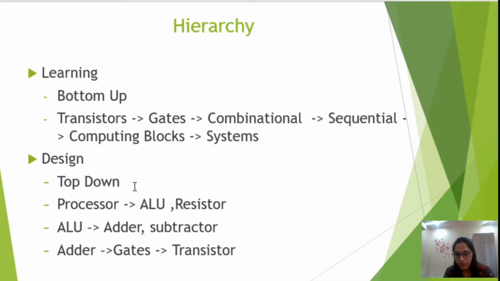If we take the ALU part, then that ALU will also consist of an adder, subtractor, etc. Now when we think of adders, the adder is made up of gates, and gates are indirectly made from transistors. So while designing, we follow the top-down hierarchy.